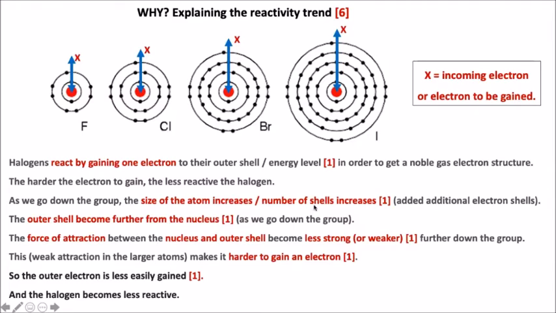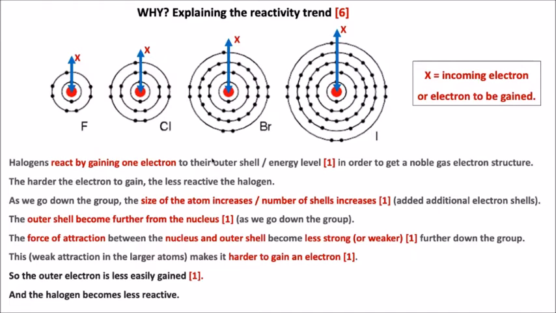Okay. As the size of the atom increases, the outer shell becomes further away from the nucleus. So you can see the outer shell here. I'm talking about the shell close to the X, which is further away from the nucleus as you move down the group. The force of attraction between the positive nucleus and the outer shell becomes less strong further down the group because the distance is increasing.